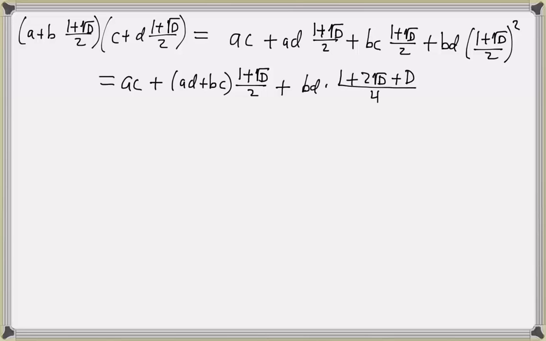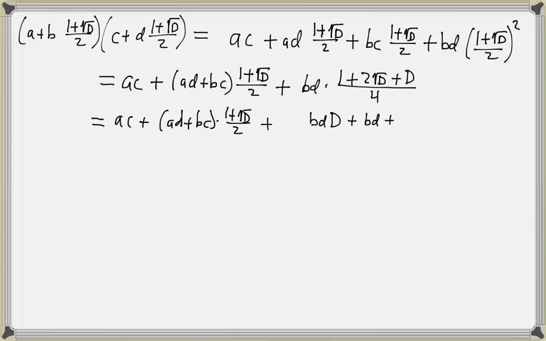Then we're going to do some manipulation in the third term so we can identify this as an element of Z adjoined (1 plus square root of D)/2. I'm going to write this third term as BD, and distribute it, so BD times capital D, and then BD times 1, and then plus 2BD square root of D. Again, this is all over 4.